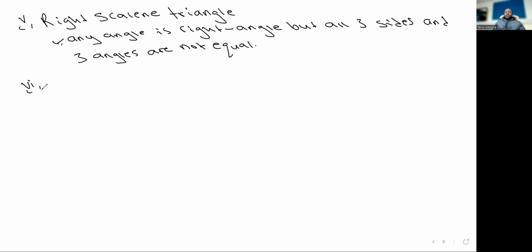Number six, we have the obtuse scalene triangle.